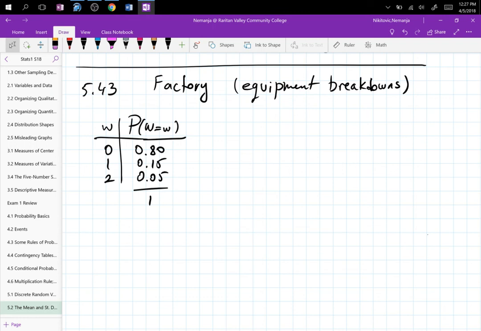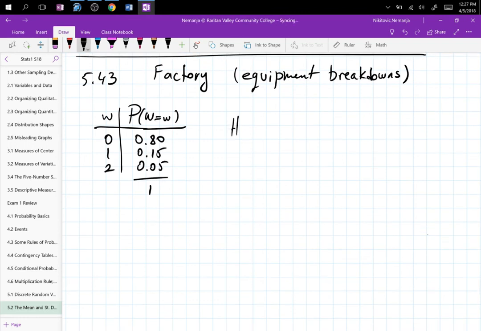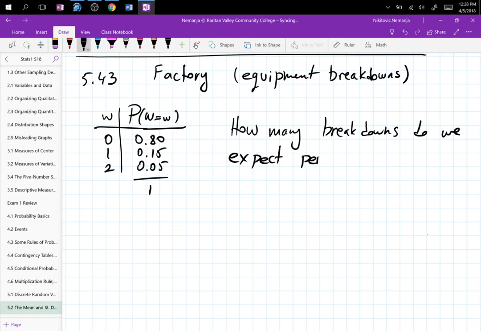Right? So how many breakdowns do we expect per day? Well, you calculate the expected value. So what do we have?